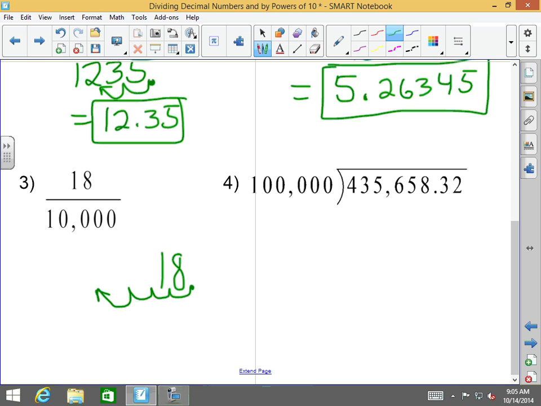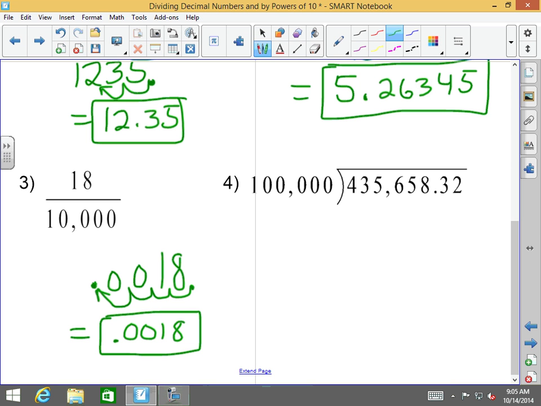I put an arrow here to know I went to the left. I place my decimal very clearly, and I put zeros in here. Then I clean it up, and this is going to be 18 ten thousandths, 0.0018. Does that make sense, gentlemen?